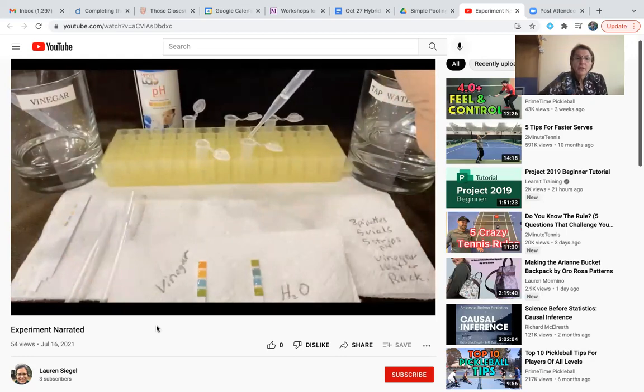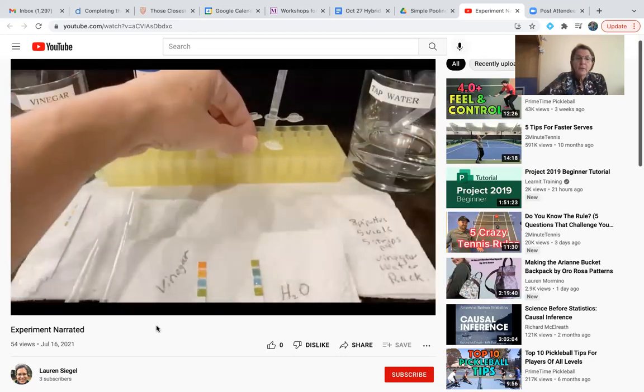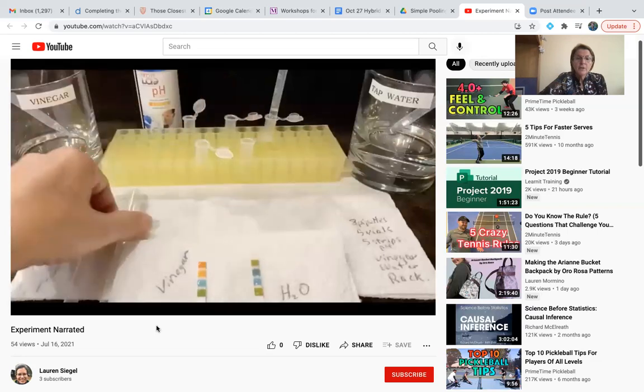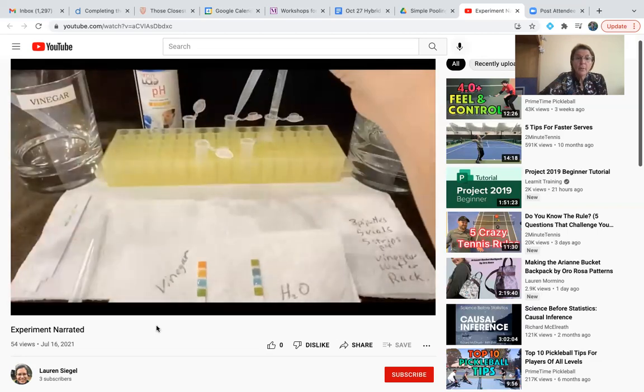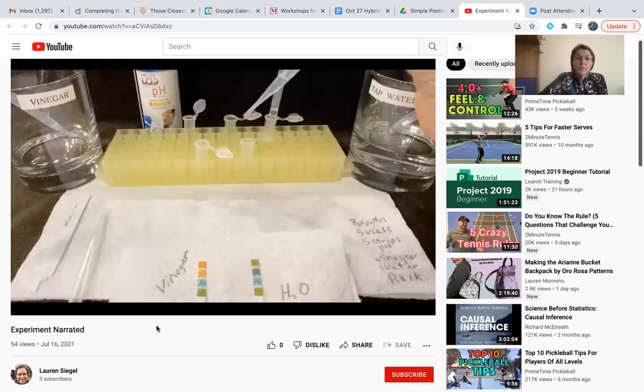So she's going to take some drops from the back right one, which now we don't know what it is. And she's going to mix those, using a new pipette, with some drops from the middle one.